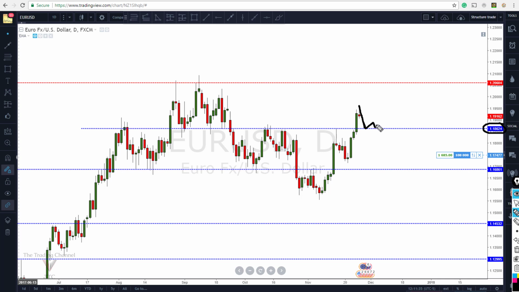If we get some kind of buying opportunity there, we can look for a long trade all the way up to this first level of resistance around 1.2060, around 1.2050. In this zone is where we'll be paying attention to for some counter trend shorting opportunities. Those are our first 2 levels of support and resistance for the euro dollar. Our next obvious level of support, if the market pushes below the 1.1862 zone, is going to be 1.1686. That's another level we can look for a long opportunity out of this pair.